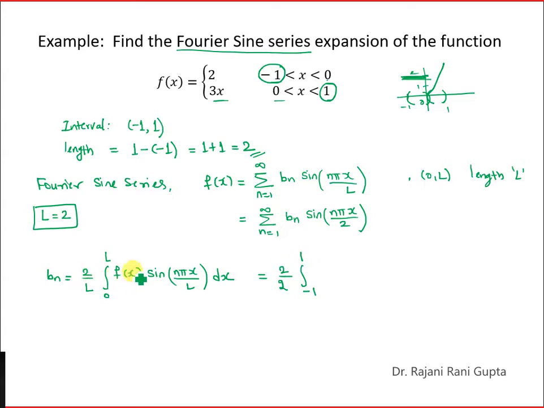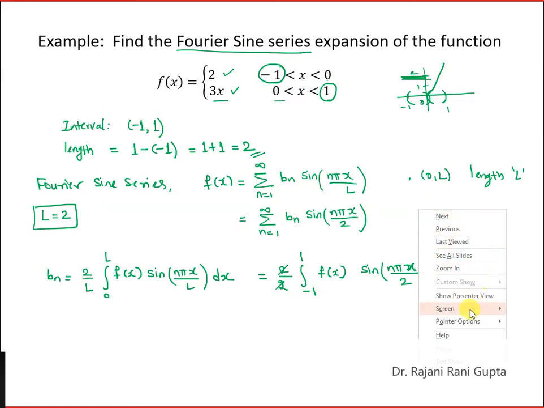Now we will not substitute the value of f(x) at present because we have two values, 2 and 3x. We don't know which value we have to use, so we will see it later. Let's keep it as f(x) sine n pi x over 2 dx. Okay, now this 2 cancels with 2.